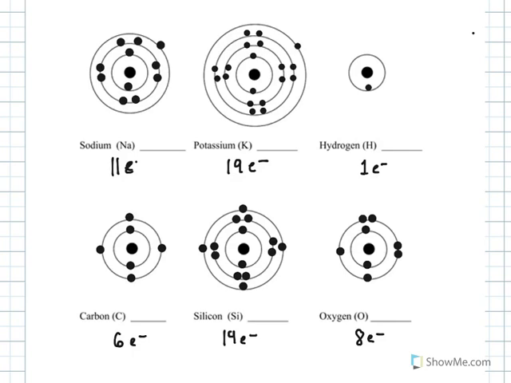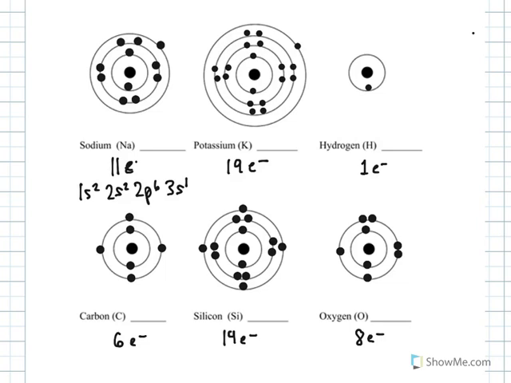Okay, so under each of these Bohr models, I will also write the electron configuration for each of these elements. Sodium, 1s2, 2s2, 2p6, 3s1. So as you can see, these are the 11 electrons, but now because I've written the electron configuration, they also specify which subshell they belong to.